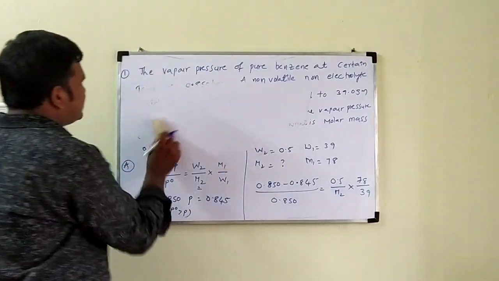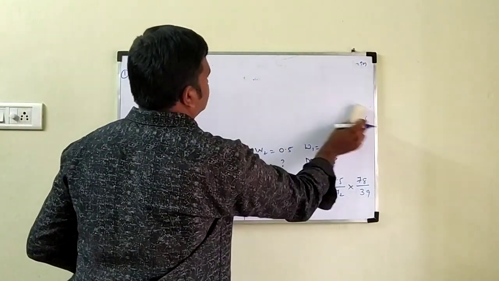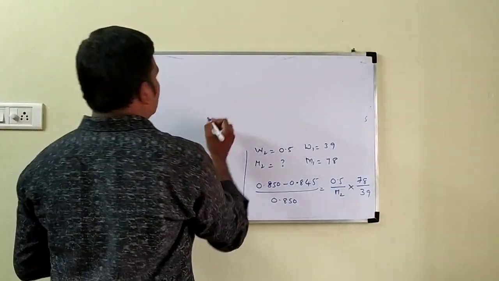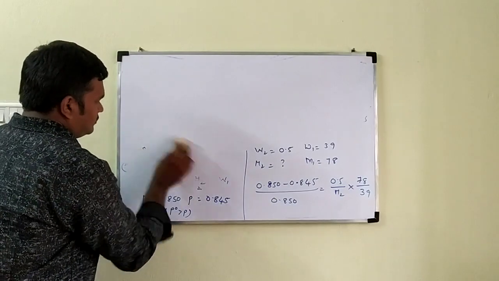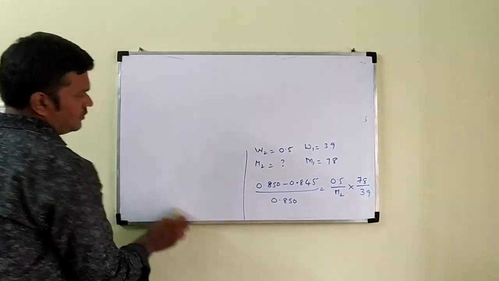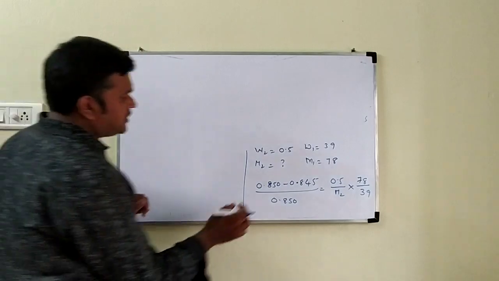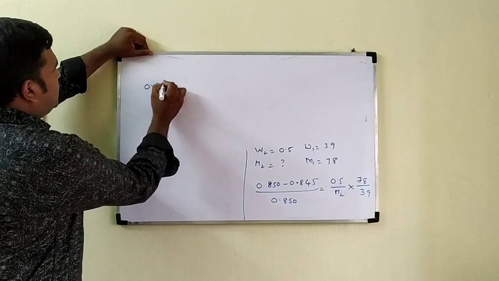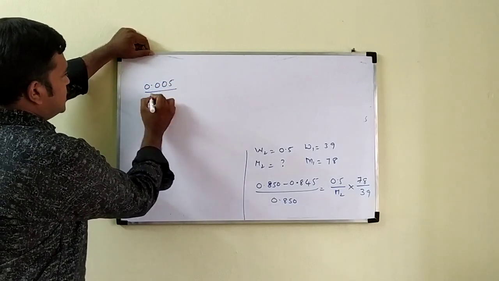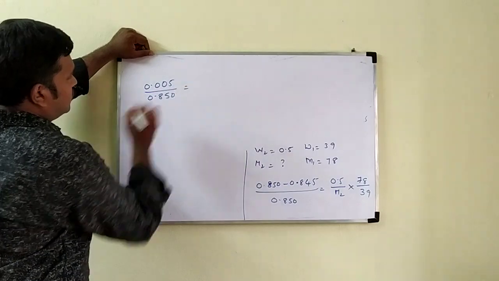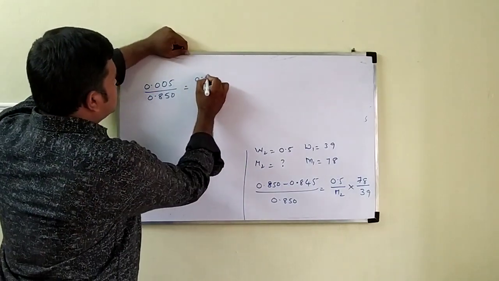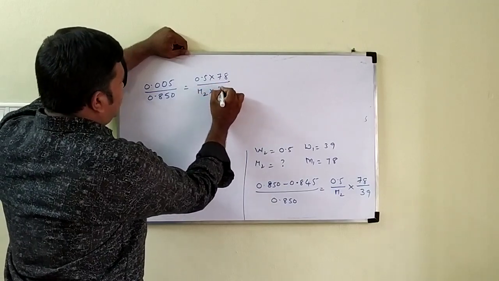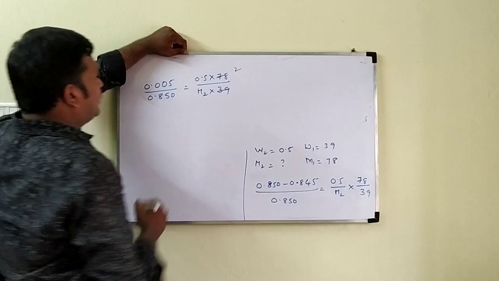Now we see the calculation part for this one. If we subtract 0.850 minus 0.845, what will you get here? 0.005 by 0.850 is equal to 0.5 into 78 by M2 into 39. 39 cancels two times.